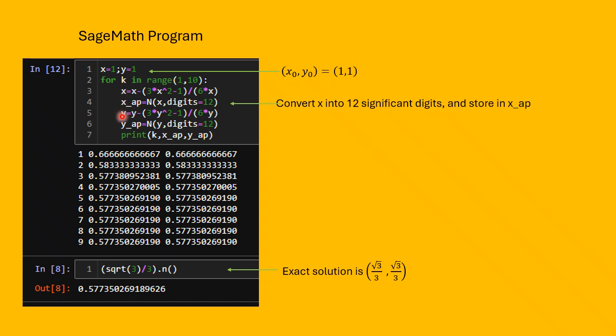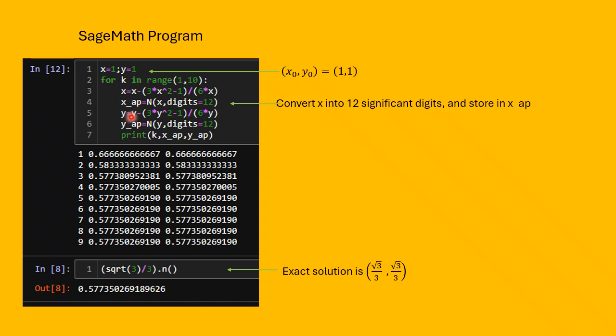So this assignment statement right here calculates the n plus first values of x and y if you already calculated the nth ones. And since we started with the 0th one being 1, 1, we can use those two to calculate x1, y1, x2, y2, and so forth, just by executing this block of statements over and over in a for loop.